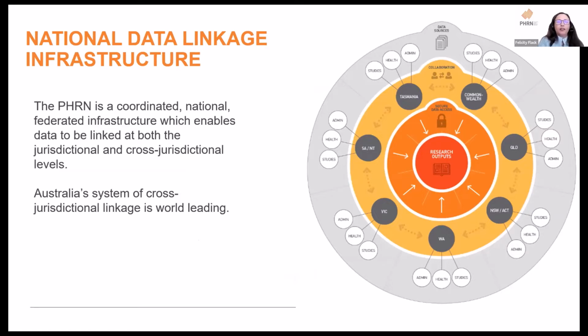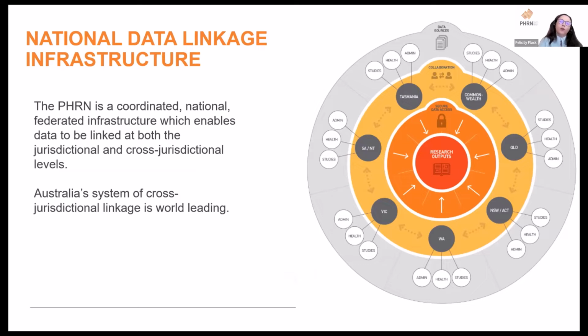If you look at the outer ring, that's the data ring, and there are different types of data collected out there in each jurisdiction, including administrative data, clinical data, and research data, which all can be linked at the jurisdictional level. So each state can link that data together for a state.